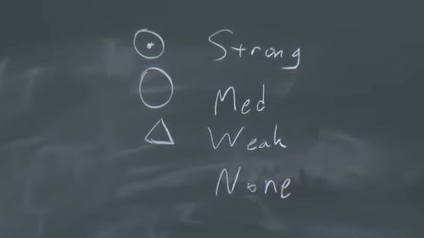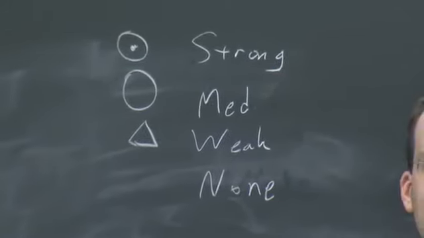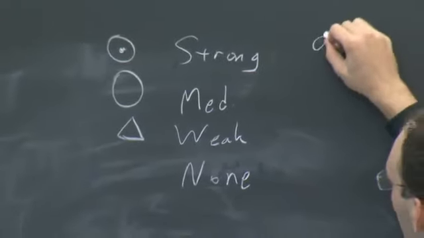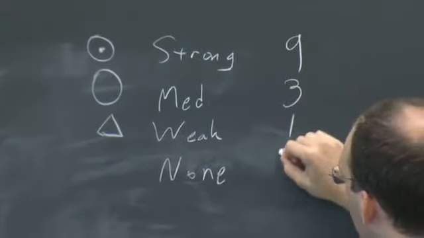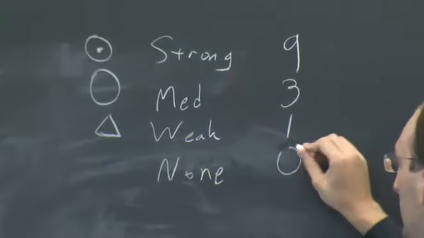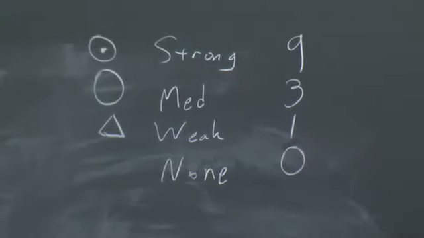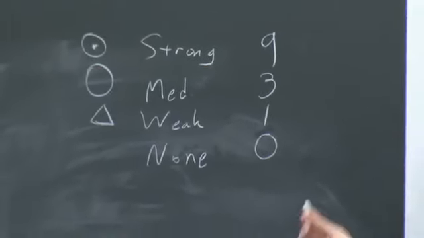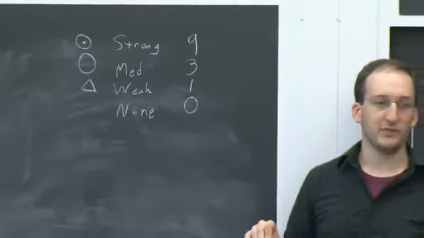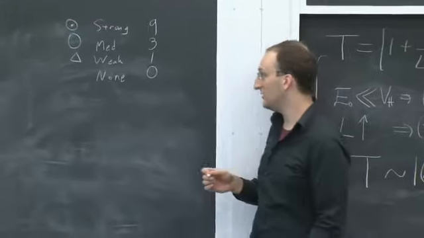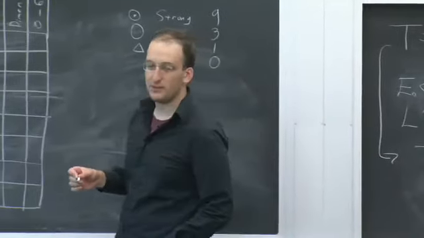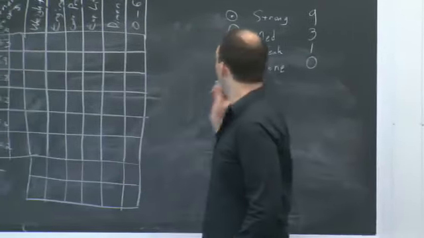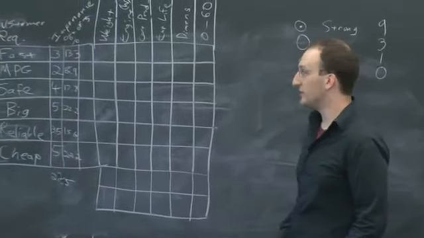And you can assign these different numerical weights based on what you want to do. A lot of times what I tend to see is 9, 3, 1, 0. And you guys can agree on any scale, any fineness of scale, and any amount of numbers you want as long as you guys agree on it as a team and it's consistent. So we'll go through each of these and figure out what the associations are.